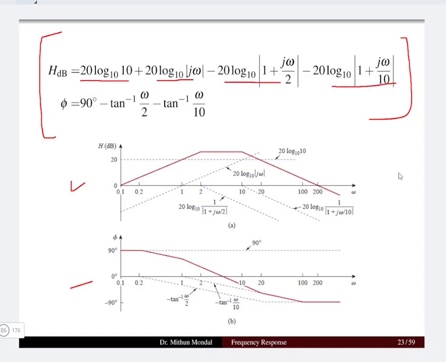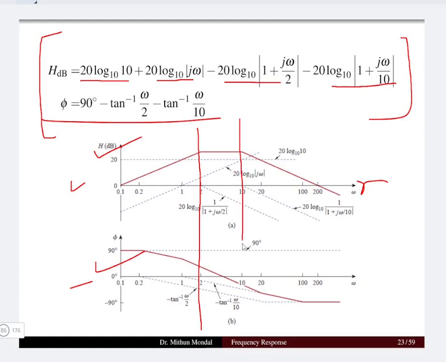We have to add them graphically to obtain the magnitude in dB and the phase in degrees with respect to the frequency omega. The corner frequencies will be at omega equal to 2 and omega equal to 10, so there the deviation will occur.